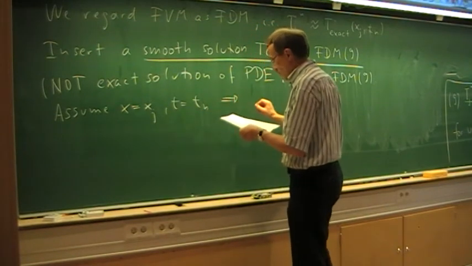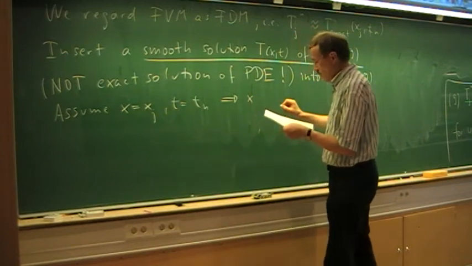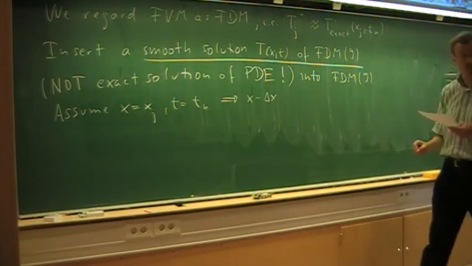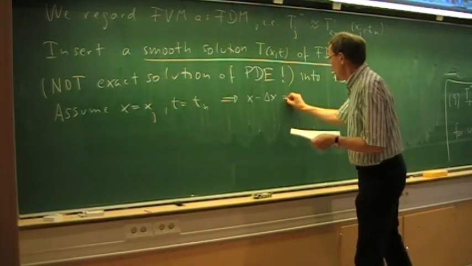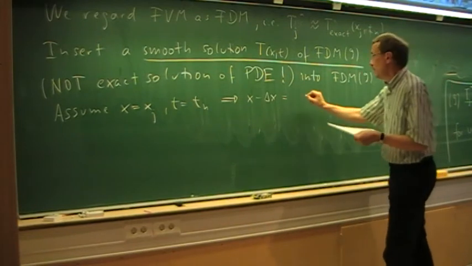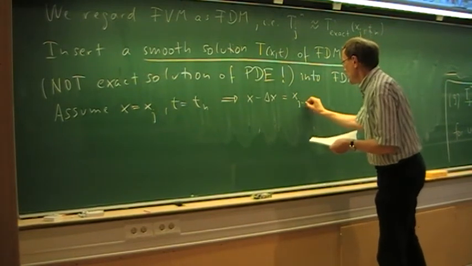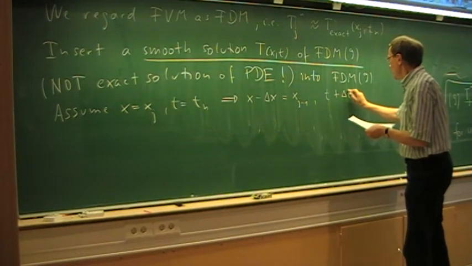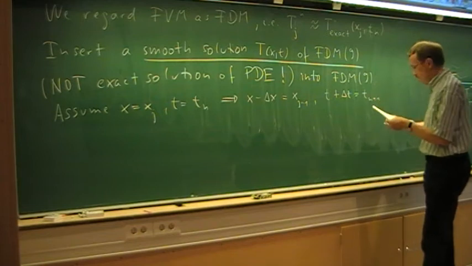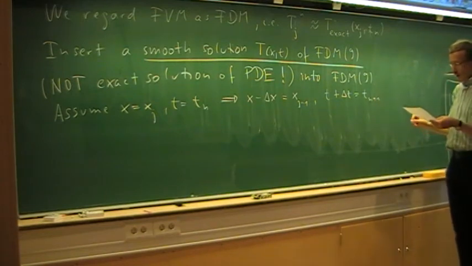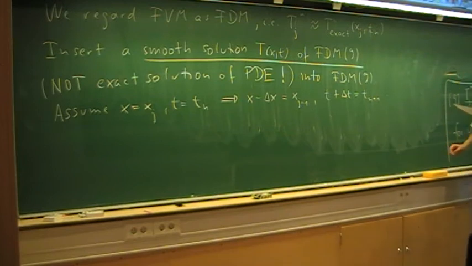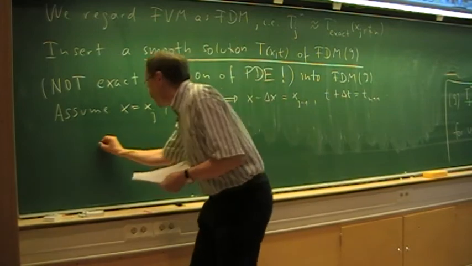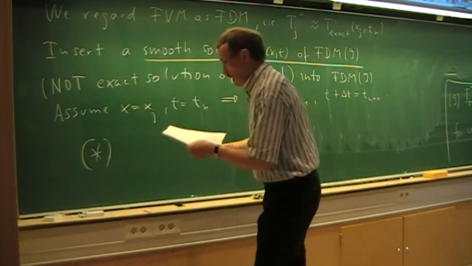We already used that yesterday when we looked at the consistency for exercise 2, the consistency of the forward time-centered space scheme for the heat equation. This corresponds to xj minus 1, and t plus delta t corresponds to Tn plus 1. When we do that, we get the following equation, which we call star.